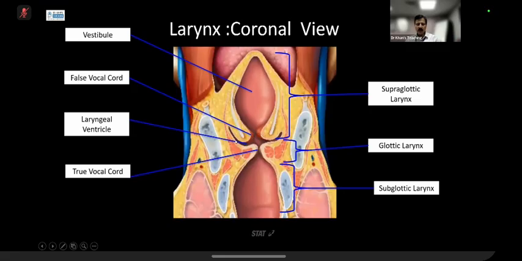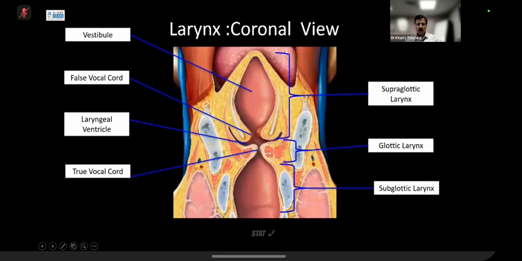Inferior to that, you see there are two extensions or sinuses which are known as ventricles. So don't confuse the word ventricle with vestibule. This is the ventricle. And in the ventricle there is an entity we call laryngocele, which is an expansion of this ventricle.